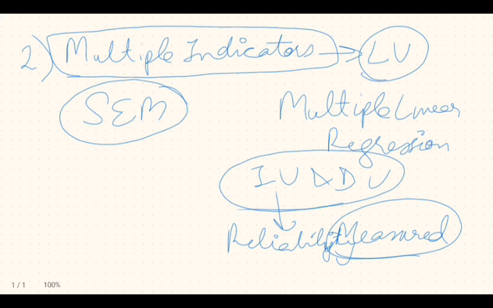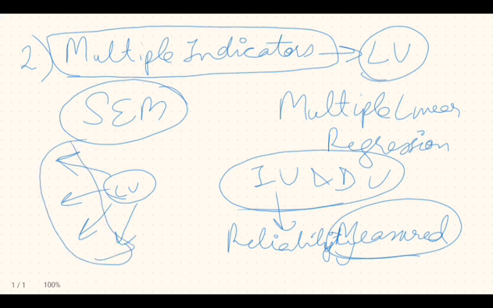When we work with CBSEM and PLS-SEM, say this is our latent variable and these are the reflective indicators. We include these indicators in the model and assess their explained and unexplained variance, and structural equation modeling helps to separate the true variance from the measurement error.